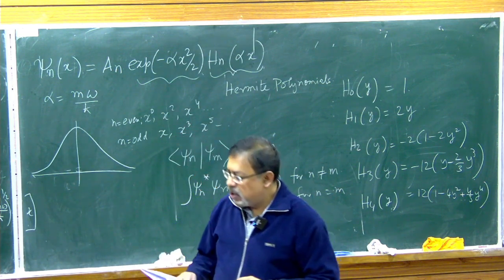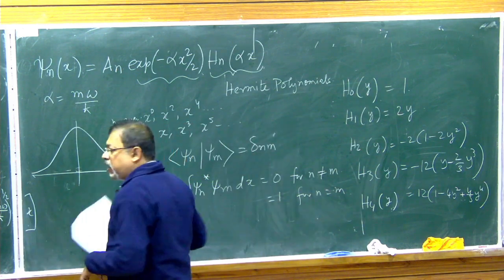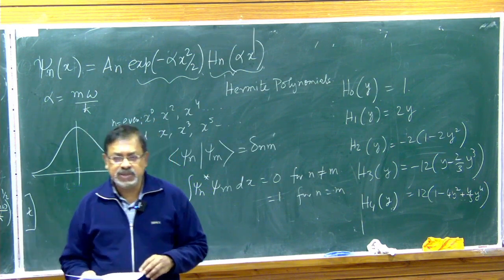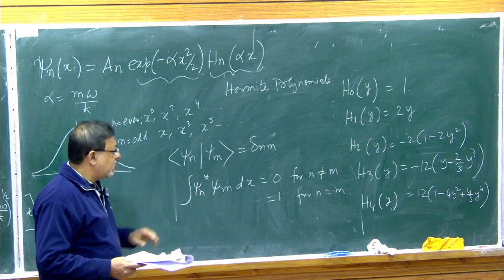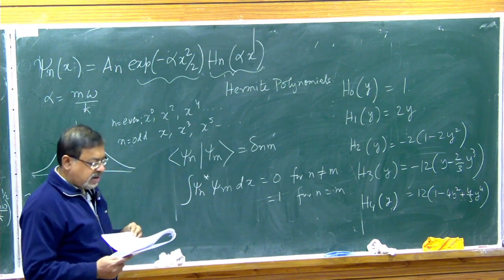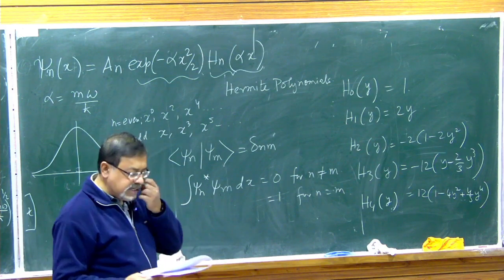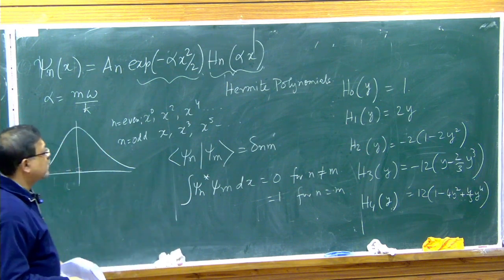So this is what it tells, that each one of the Hermite polynomials are also orthogonal to each other, which means that if you take the overlap of these functions and try to integrate them, I am not going into the details, but you need to look at those polynomials.